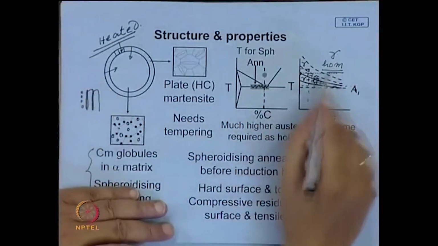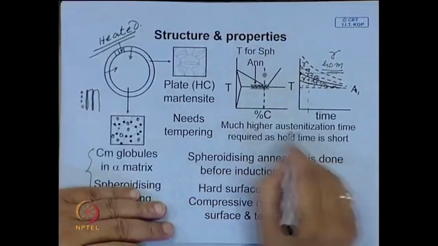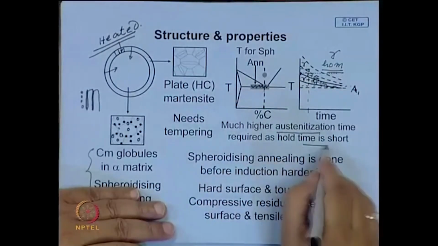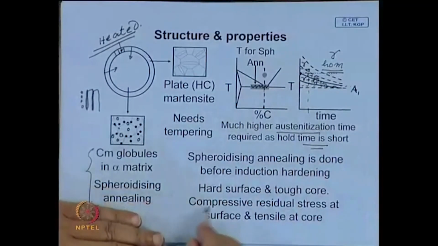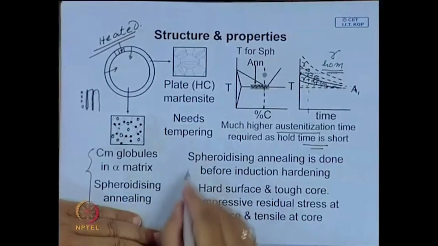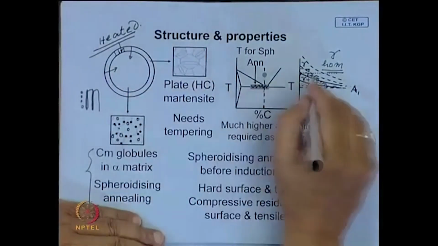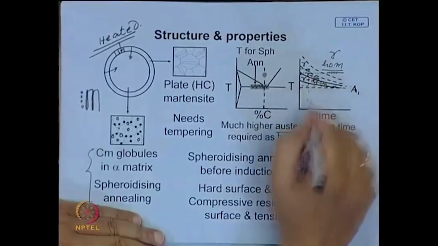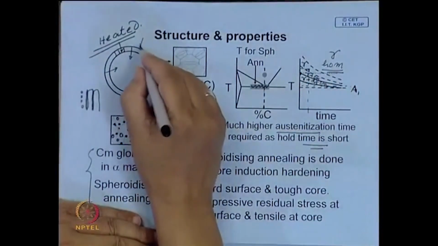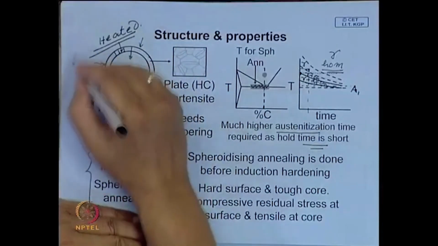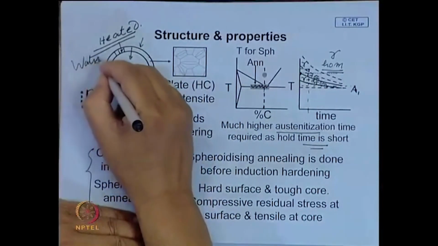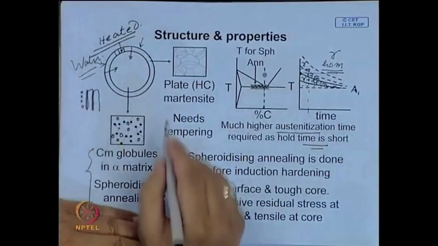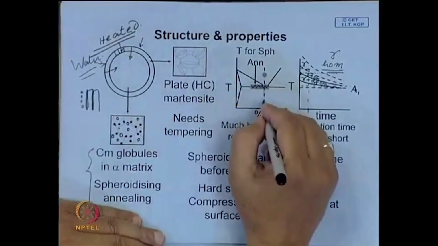That is why, since you have to use a much higher austenitization temperature as the hold time is very short, you quench after it has reached that particular temperature and been kept for a certain length of time, by water spray. Usually the quenching rate will be very fast, in this high carbon steel.